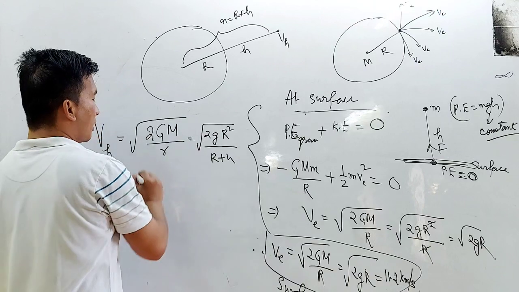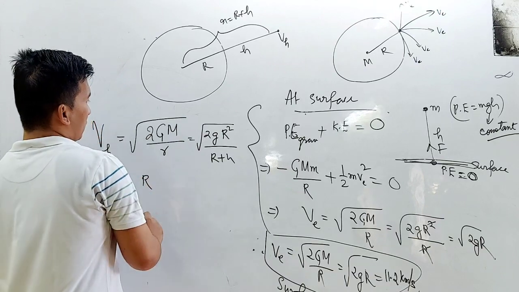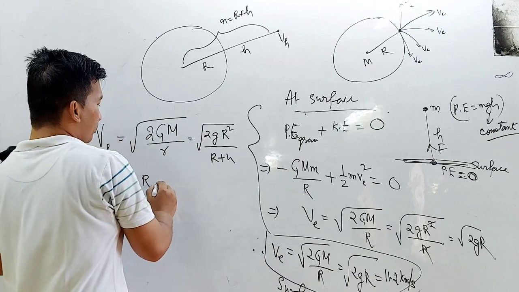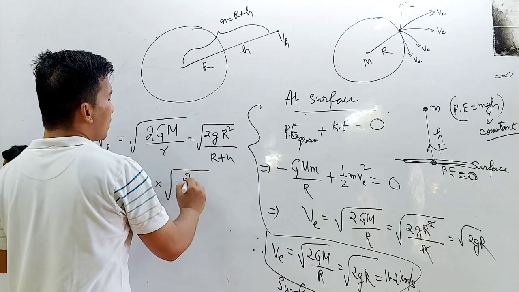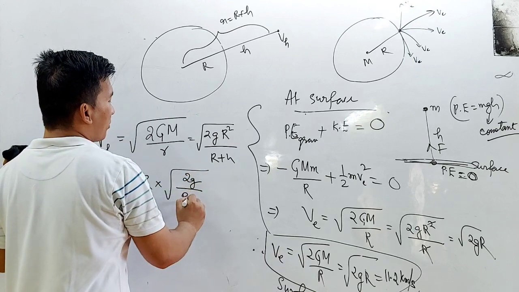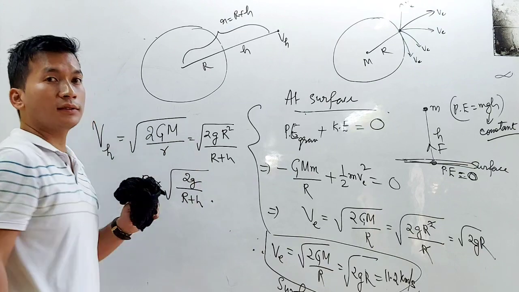After your calculation, this becomes your R times root over 2g divided by R plus h.